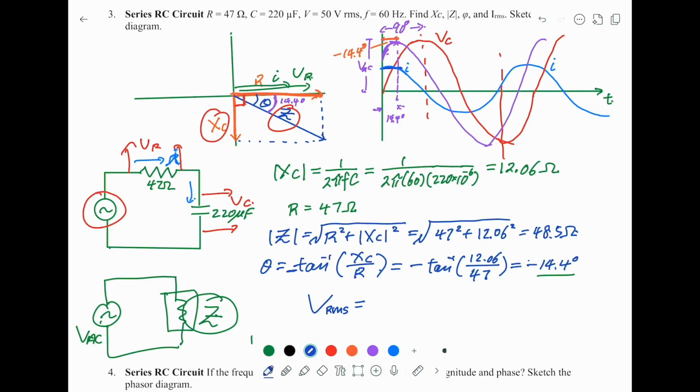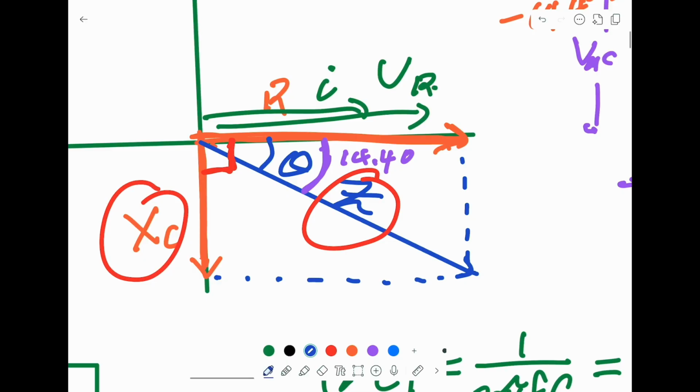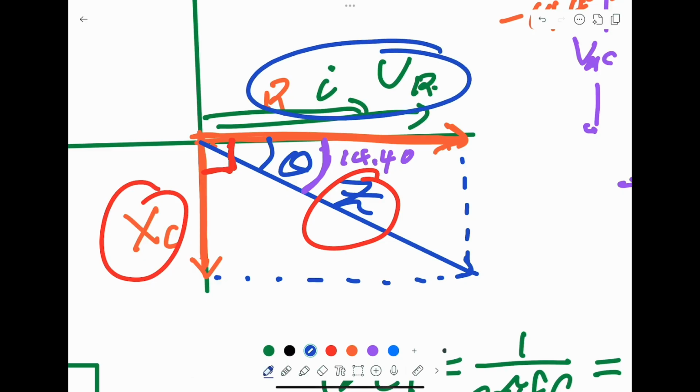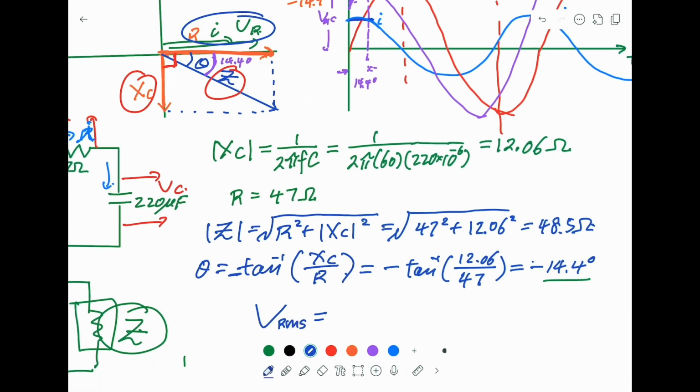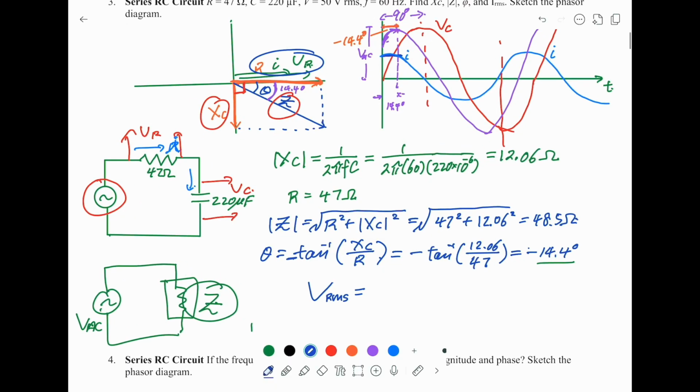The current is aligned to the resistor. So they have a phase difference, but their peak or root mean square values are still proportional. The proportional constant is the Z here. Of course, we are all talking about the magnitude.